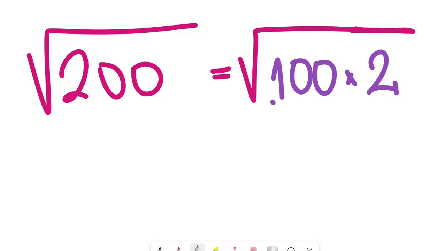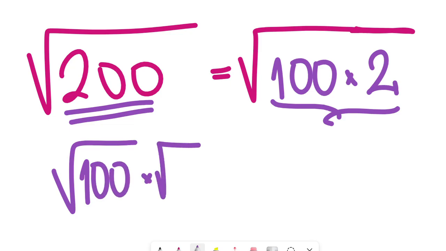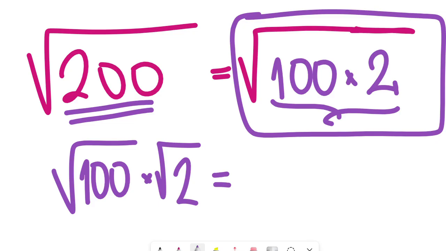Isn't 100 multiplied by 2 equal to 200? It is, right? Now because it's multiplication, we are allowed to split them into square root of 100 and square root of 2, because it's square root of 100 multiplied by 2.